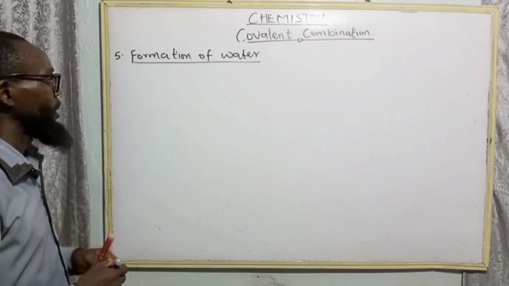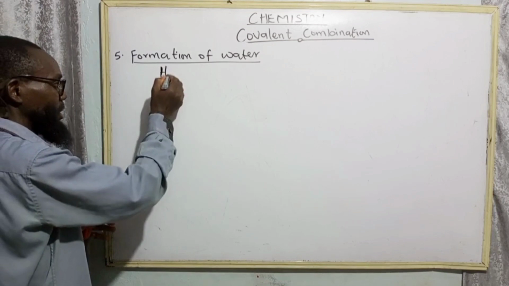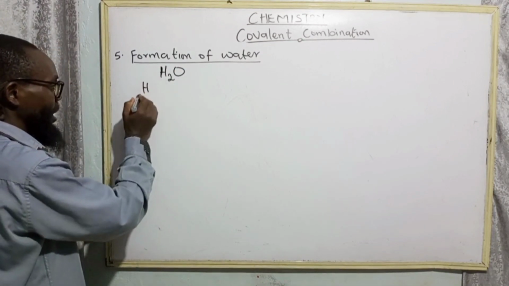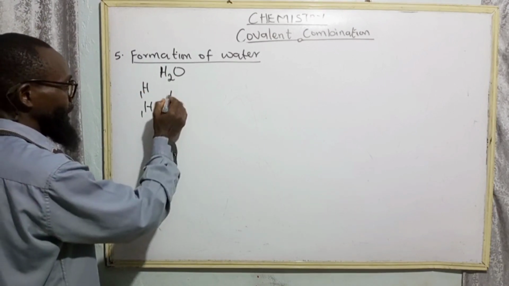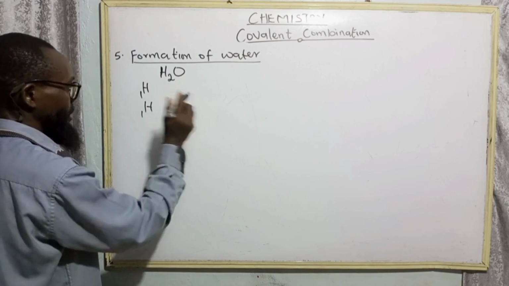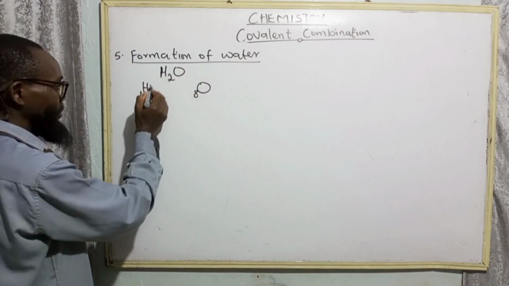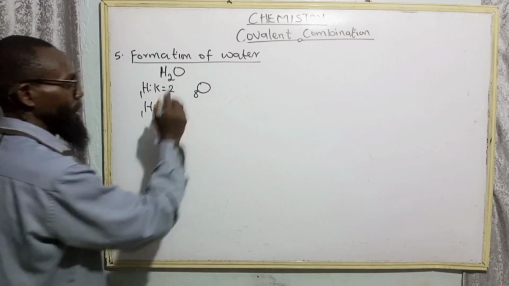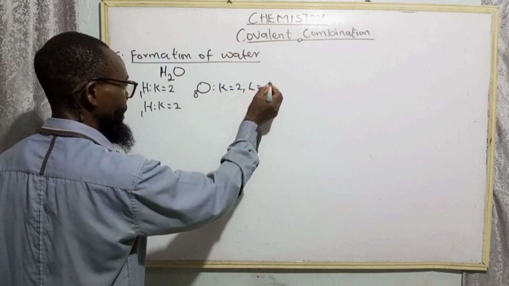Example 5, formation of water. And water is H2O, having 2 hydrogen atoms, each with atomic number of 1, joining with oxygen. Oxygen, atomic number of 8. K shell is 2, L shell is 6.